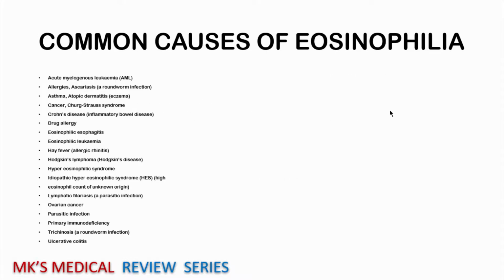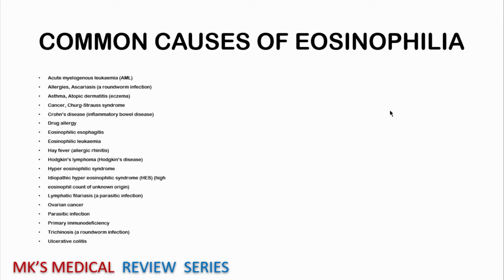Some causes of eosinophilia include acute myelogenous leukemias, allergies, ascariasis, asthma, atopic dermatitis, cancer, Churg-Strauss syndrome, Crohn's disease, drug allergies, eosinophilic esophagitis, eosinophilic leukemia, hay fever, Hodgkin lymphoma, hypereosinophilic syndrome, idiopathic hypereosinophilic syndrome, where you have a high eosinophil count of unknown origin.